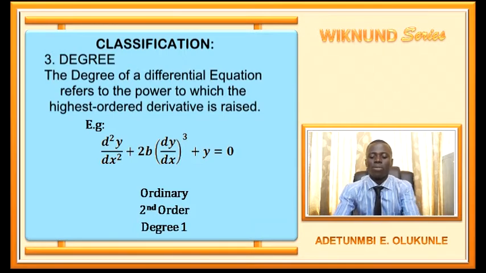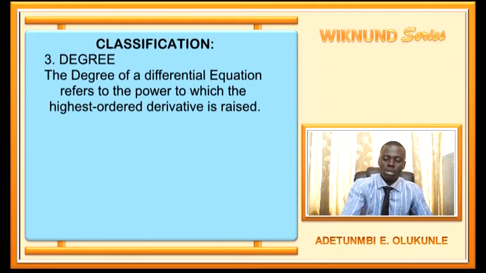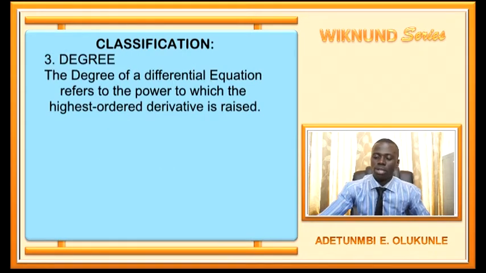It is raised to what power? Clearly this is 1. So we will not pick 3 because dy/dx is not the highest order here. So the degree of this differential equation is actually 1, and that is the power to which the highest order derivative is raised. So this is an ordinary differential equation, ODE, order 2, degree 1.